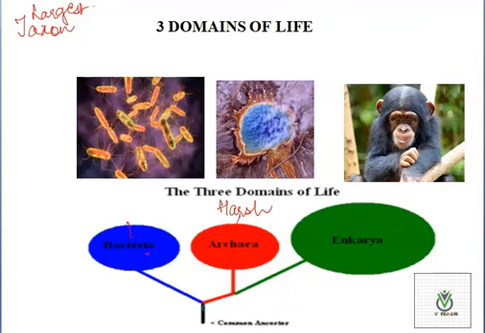Now, when this type of classification is done on the basis of evolution, it is also known as a 3-dimensional classification, and it is a vertical classification. When we go for the phylogenetic system of classification, it results in the construction of phylogenetic trees.